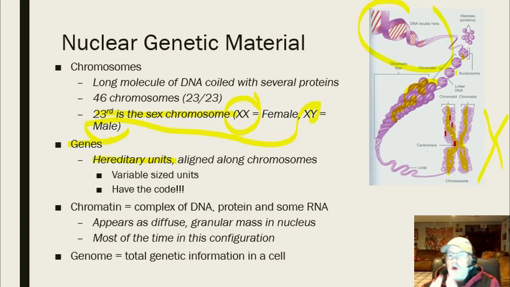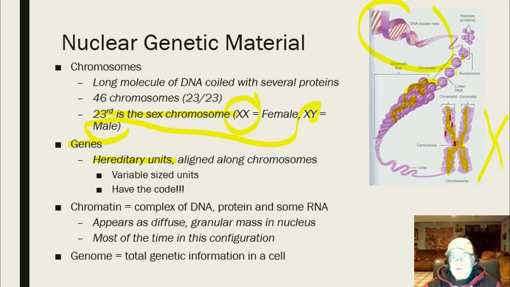If it's a very small polypeptide, or a small peptide with only a couple of amino acids, the gene unit is very small on the chromosome. However, many proteins are monstrous molecules, and these will have a gene that's really, really long on that chromosomal strand.